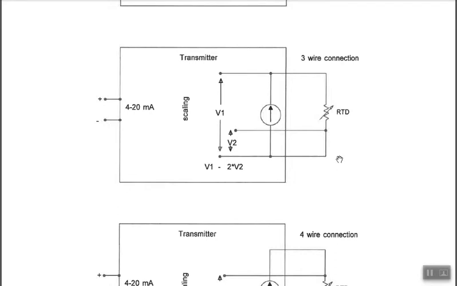Assuming the wires are the same gauge, the current is identical, and assuming they're close to each other, the temperature conditions of the wire will be the same. So it's a fair estimate to say that whatever IR drop you have on one side is the same as the other side. So for that reason, you don't necessarily need 4 wires.